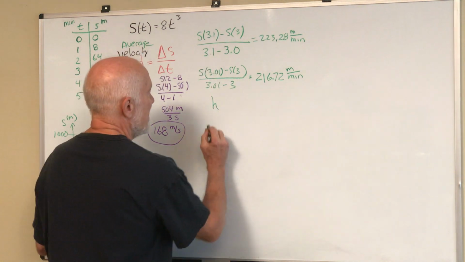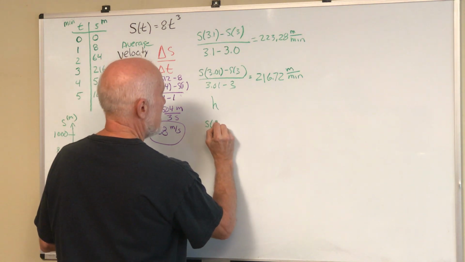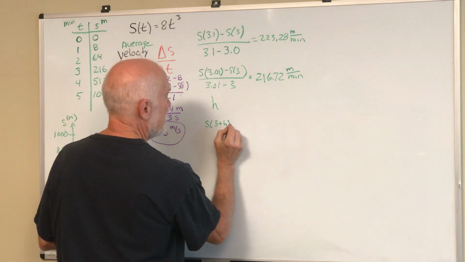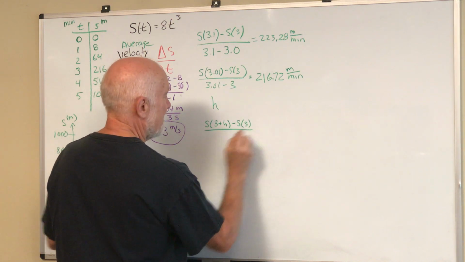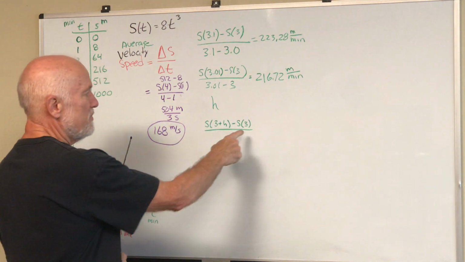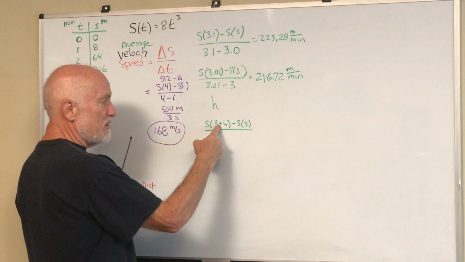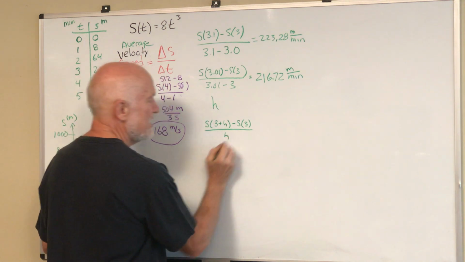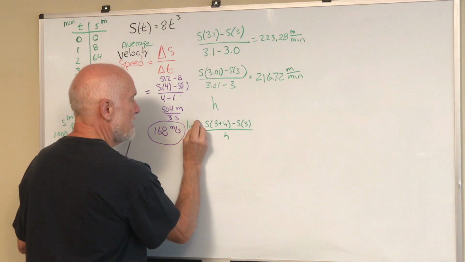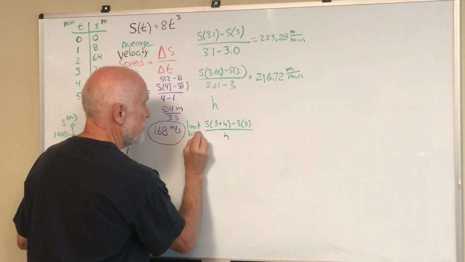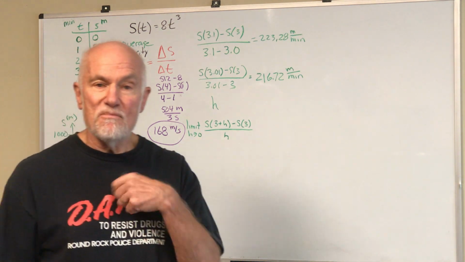Can't we take s of 3 plus h and subtract s of 3? That's the change in position from this time to this time. And the change in time from 3 to 3 plus h is just h. And then just take the limit as h approaches 0.